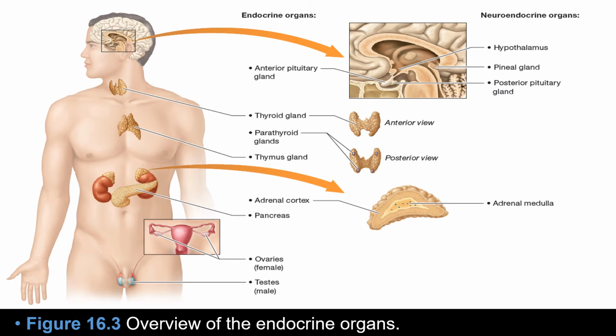On top of the kidneys, you have the adrenal cortices and the adrenal medullas. You have the endocrine pancreas, located just behind the stomach. And then depending on your biological sex, you have either ovaries or testes. And all of these work to secrete hormones, long-distance chemical travelers in the blood.